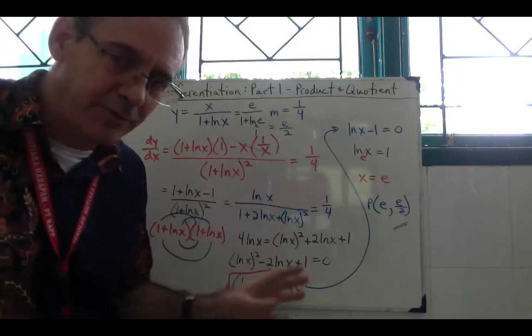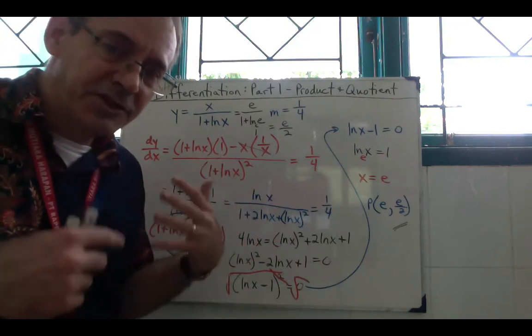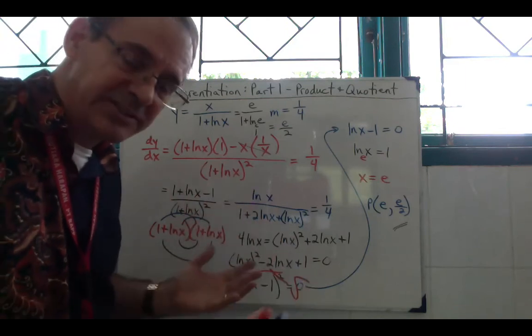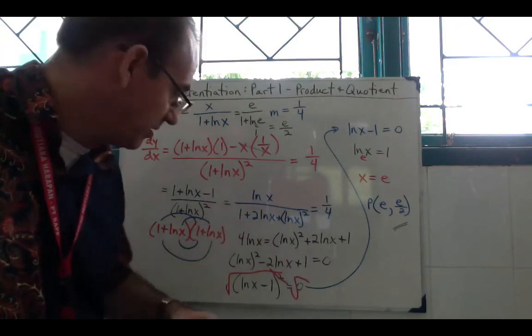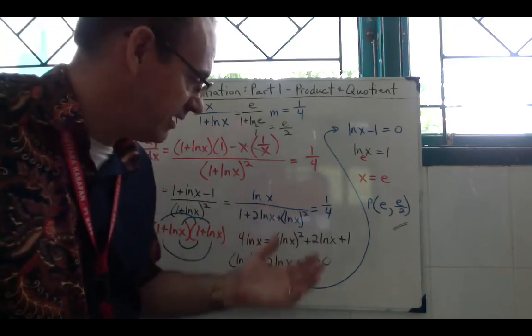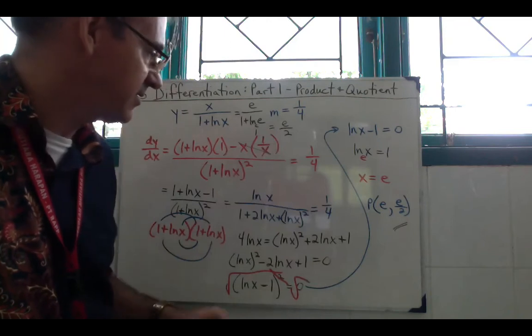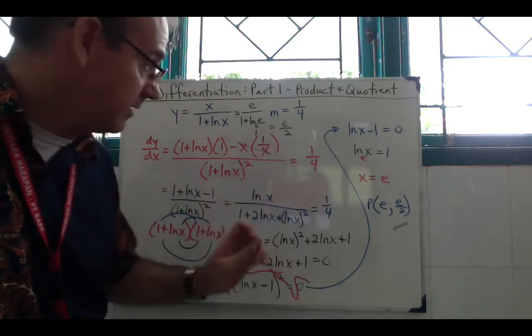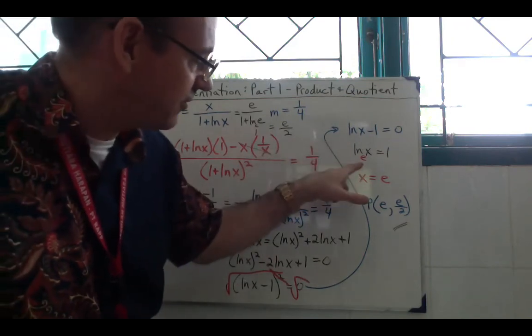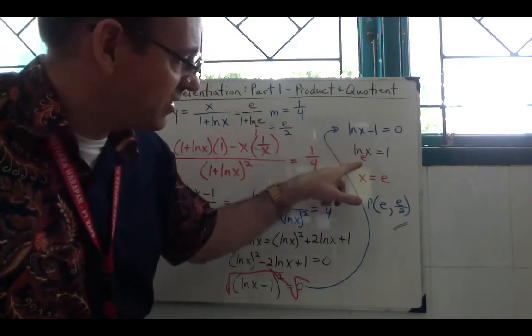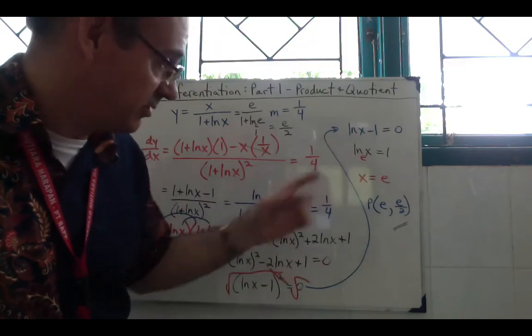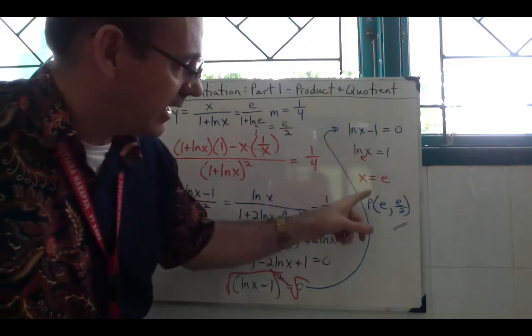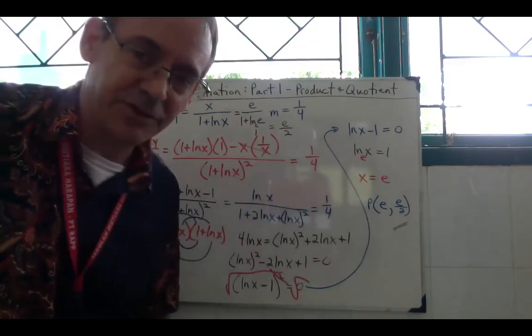Just remember, all of your algebra still works the same outside of the transcendental functions, whether it's e to the x, ln x, sine x, doesn't matter. Your algebra on the outside all works normally. And then you have some of your transcendental function aspects that you have to work with as well. And we have our answer here.